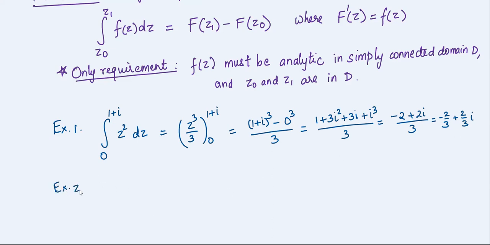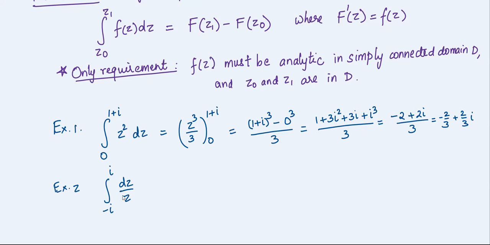Let's look at the second example. Now integral from minus I to I of dz by z. Now this will be path independent. Only thing is we should not cross 0.